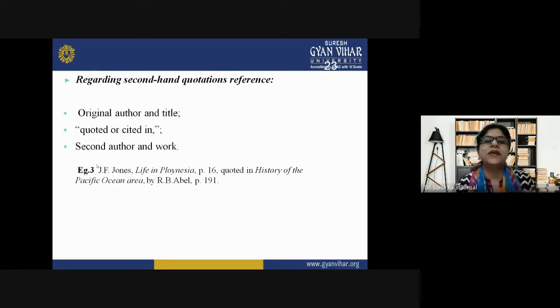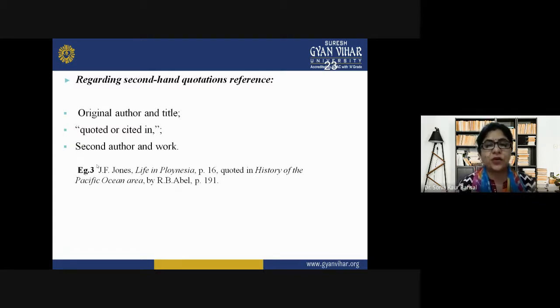Then regarding second hand quotation reference, in that case the original author and title must be given properly, followed by quoted or cited in, and the second author and work. For example, J.F., Life in Polynesia, page 16, quoted in History of the Pacific Ocean Area by R.B. Abel, pagination 191.